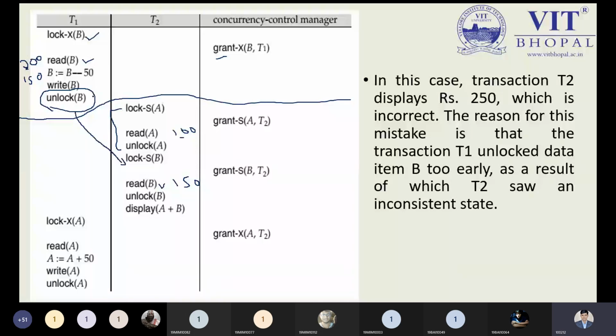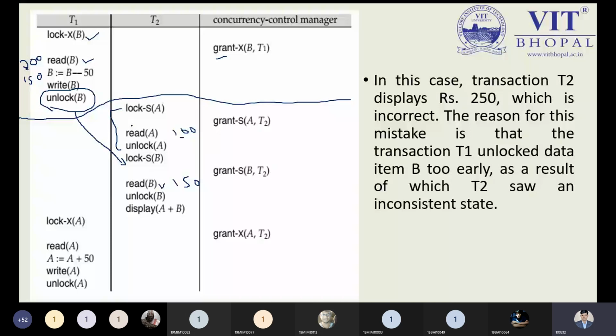Suppose we are not unlocking B over here, then in transaction T2 it is not possible to use lock S on data item B. If transaction T2 wants to read some value of data item B in either exclusive mode or shared mode, the lock should be released by transaction T1.